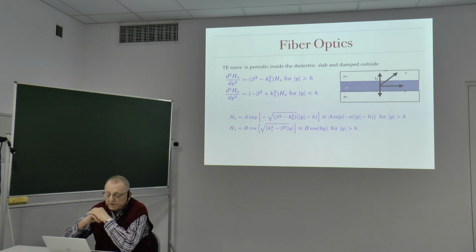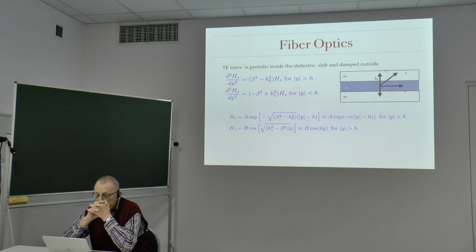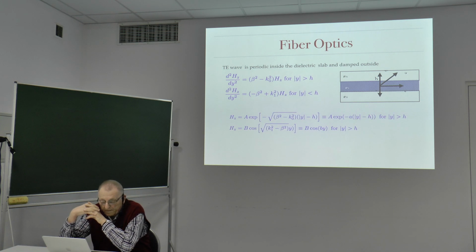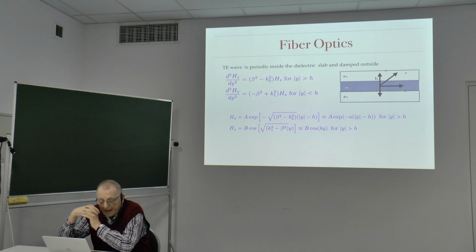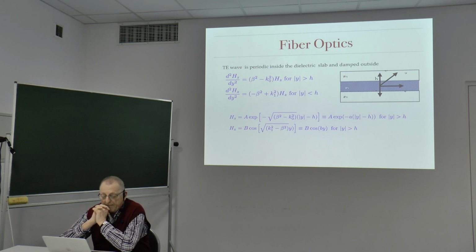Then I can easily solve this second order differential equation, and the x component of the magnetic field outside of the slab is damped, and it is propagating within the slab.